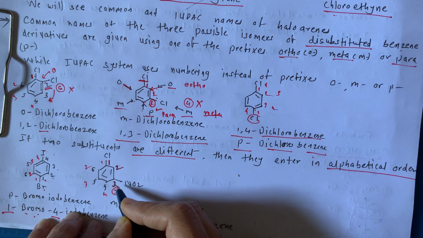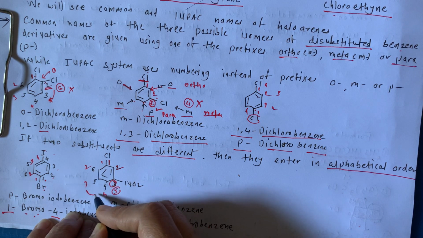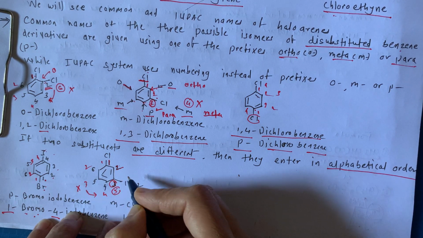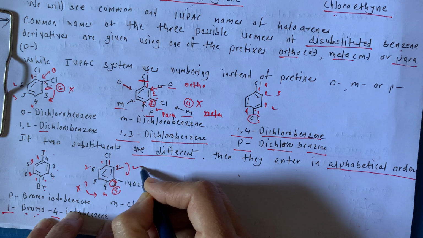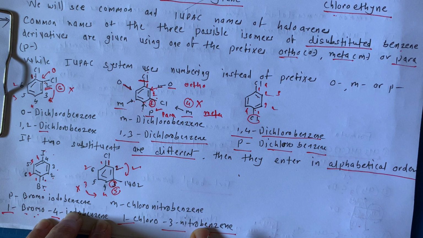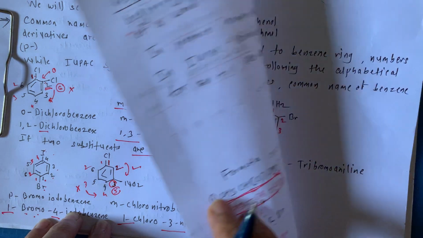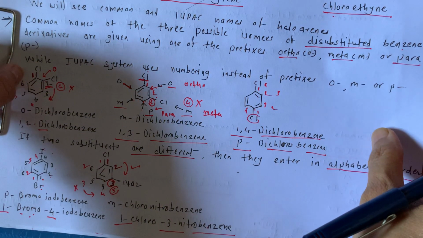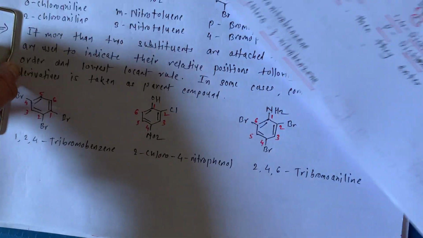So this is the 3 and this is the 5. So anti-clockwise numbering is wrong. Clockwise numbering is right. And that's why this is 1-chloro-3-nitrobenzene. This is our IUPAC nomenclature. Okay.